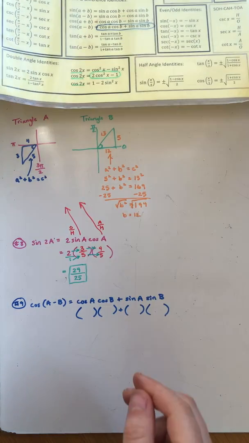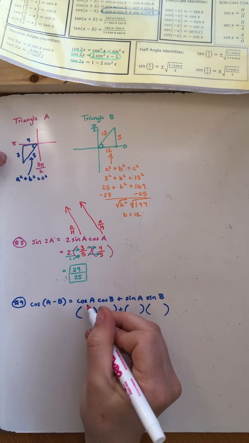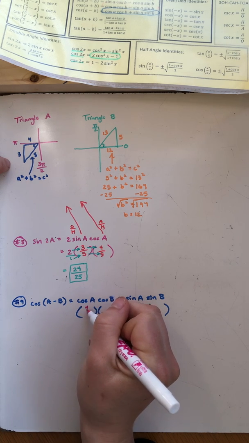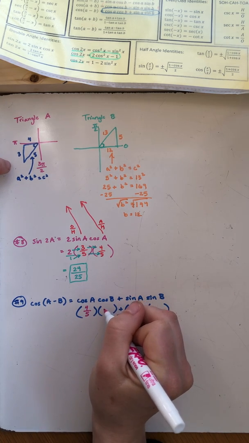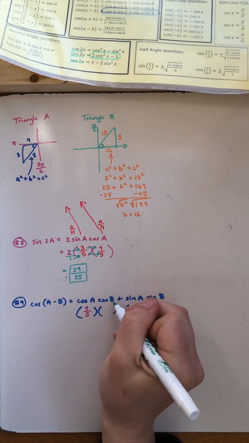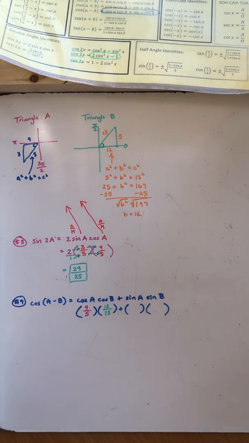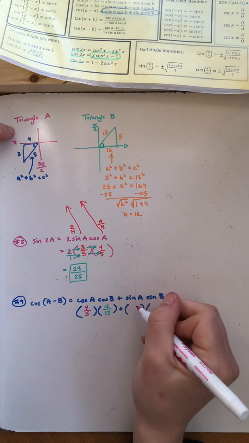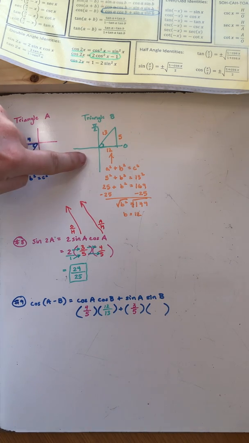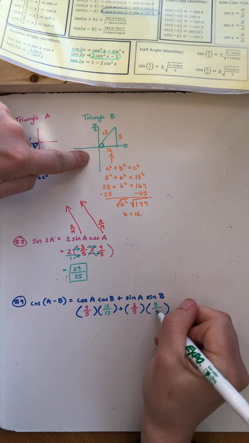Now, every time it says A, I have to use triangle A. So cosine of A would be adjacent over hypotenuse, 4 over 5. Cosine of B, I would have to use my triangle B. So A over H, 12 over 13. Sine of A, go back to triangle A, O over H, so 3 over 5. Sine of B, you're going to use triangle B over here, O over H, which is 5 over 13.